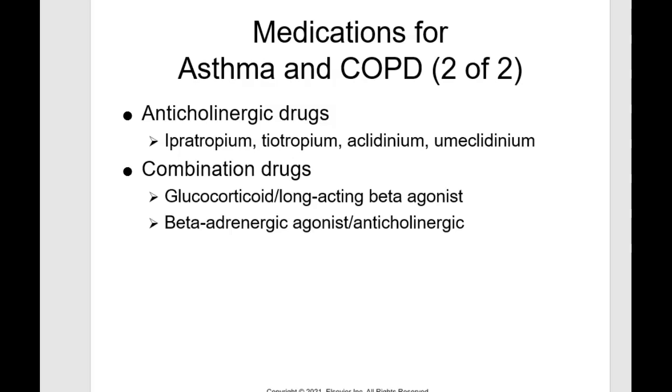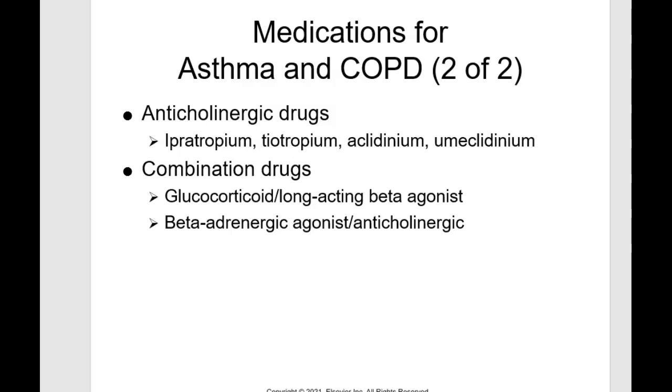What I want you to know is that we can combine a beta-2 agonist and an anticholinergic together for ease for the patient. And we know that the effects together are additive and they work really well together. So for example, the beta-2 agonist again promotes bronchodilation by stimulating the adrenergic receptors, which relaxes the smooth muscle of the lung.